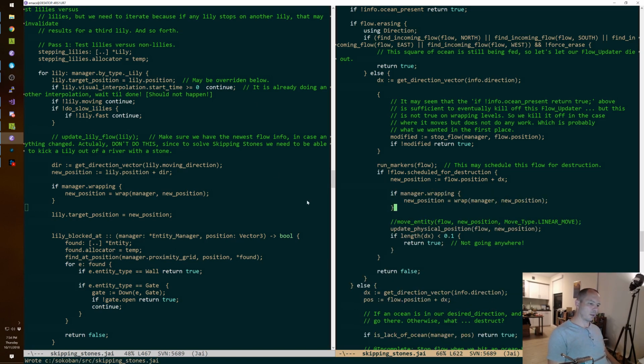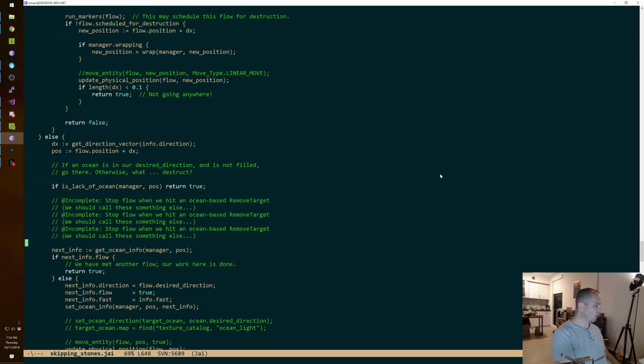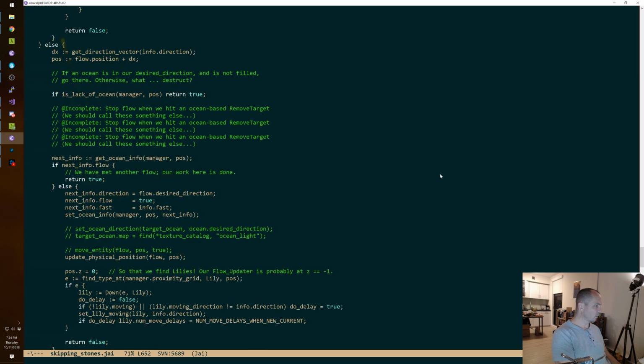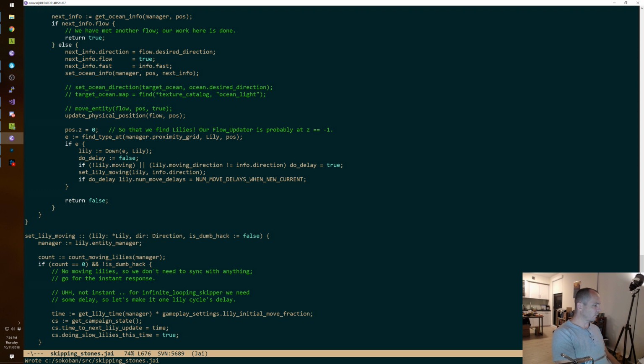It's goofy. Like I should maybe have wrapping in update physical position or something, but hopefully we have manager. Yeah. All right. So that's for an erasing flow, and this is for a creating flow. Okay.